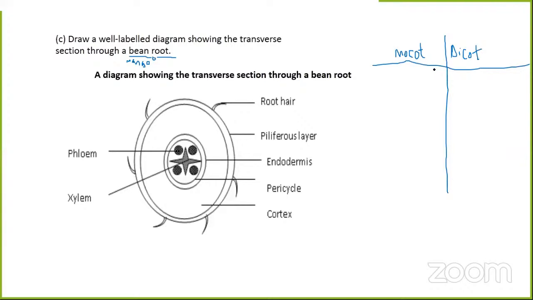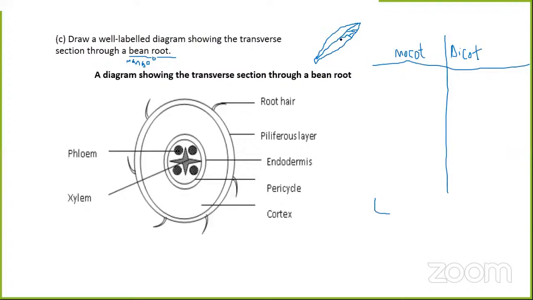It will have a network of veins. A plant normally has veins in its leaves. So normally you find that these leaves will have network veins. They just run like that, like that, like that.